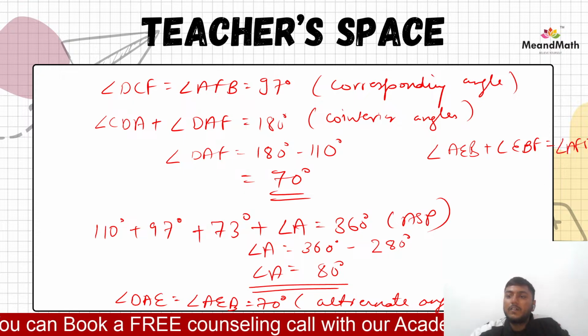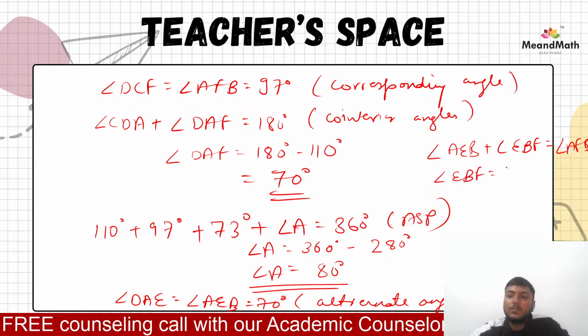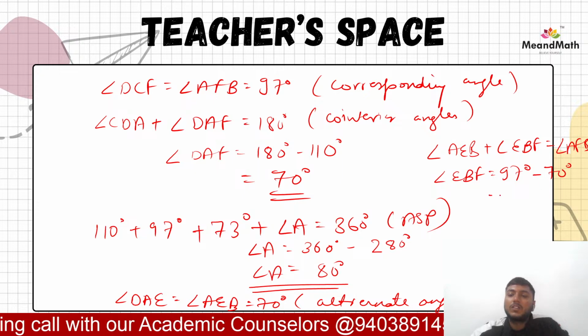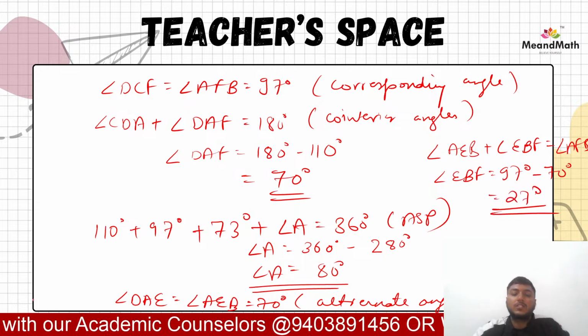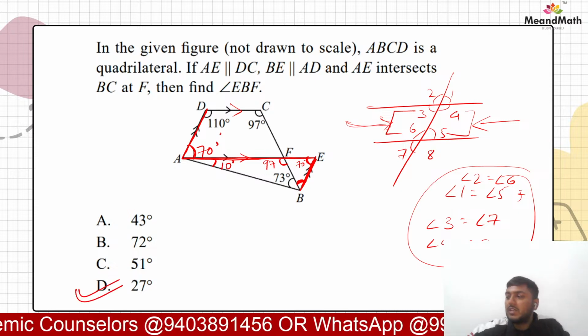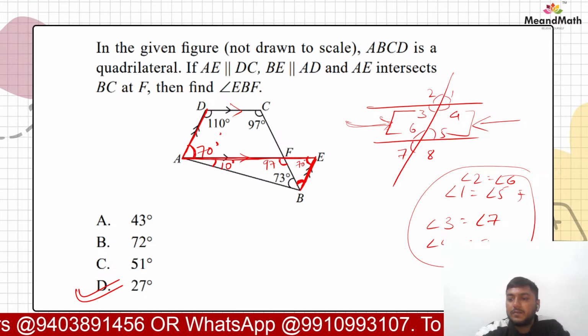So angle EBF is equal to 97 degrees minus 70 degrees. तो आंसर क्या हो गया बच्चों? 27 degrees. So that is why आंसर D हमारा करेक्ट हो जाएगा. Option D would be the correct option.